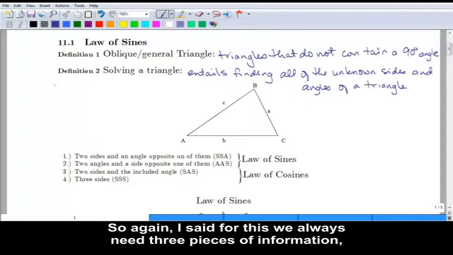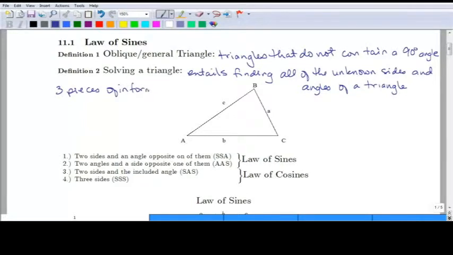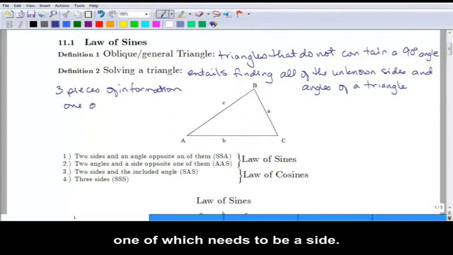So again, I said for this we always need three pieces of information, one of which needs to be a side.